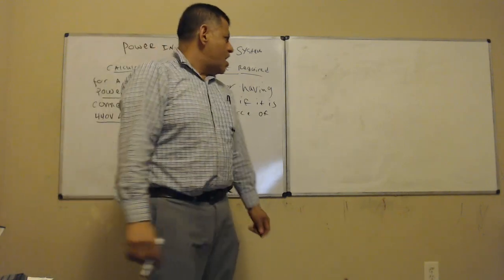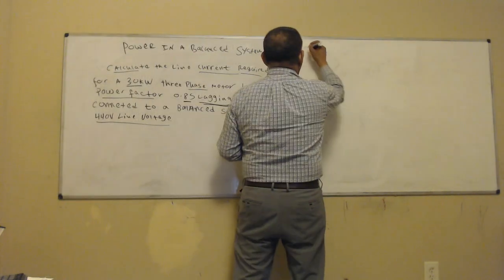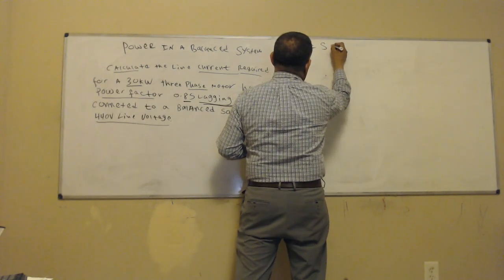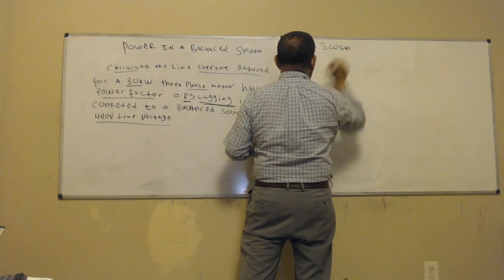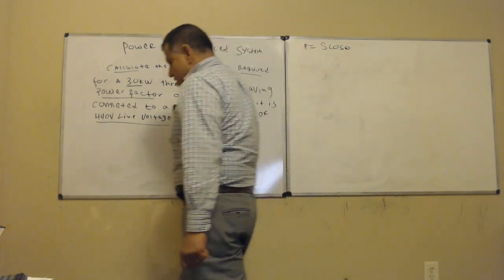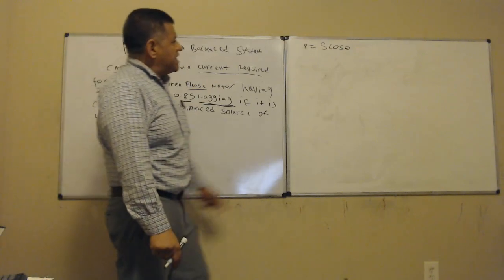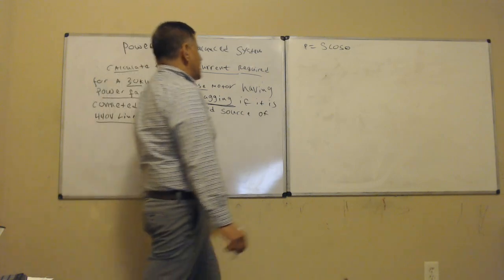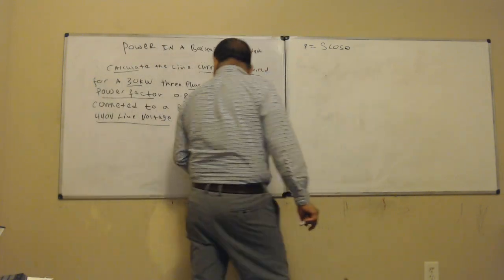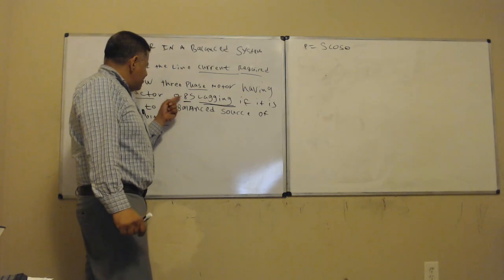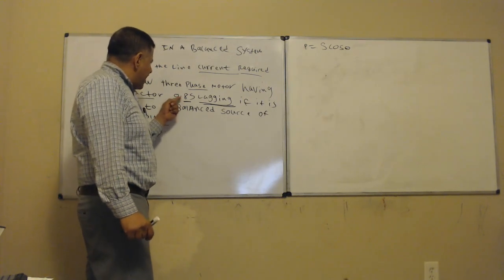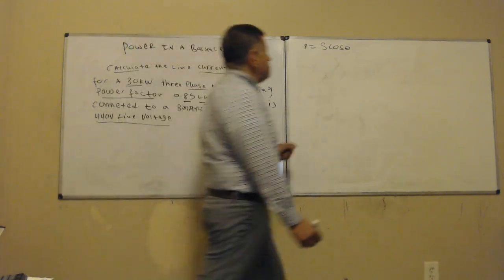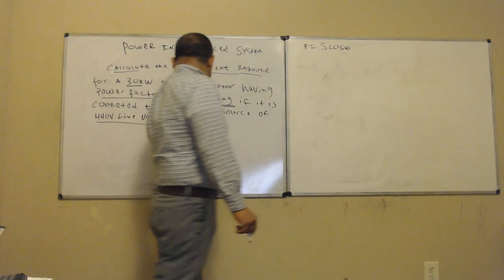Now, as you know, P is equal to S times cosine of theta. We can see if we can find some of those quantities. First of all, we have the power factor, but because it's lagging, that means it is negative.